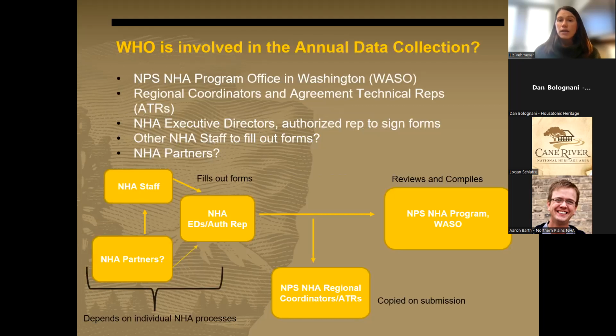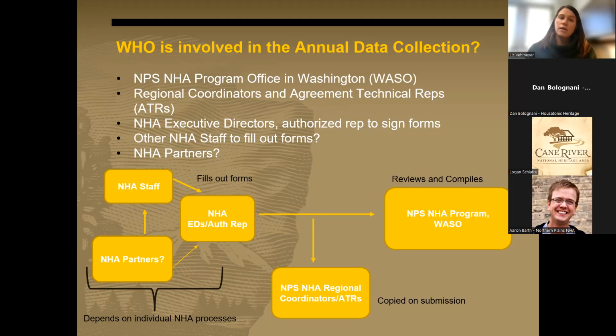So who is involved in the annual data collection? There's the NHA program office in Washington who issues the call out for the forms to be filled out. We have our regional coordinators that you work with more frequently with your agreements. That could be the same person as your agreements technical representative. You could have 2 people that you work with.